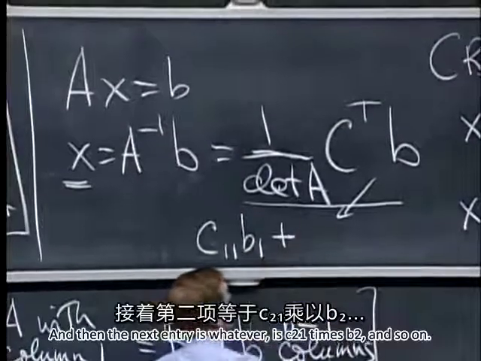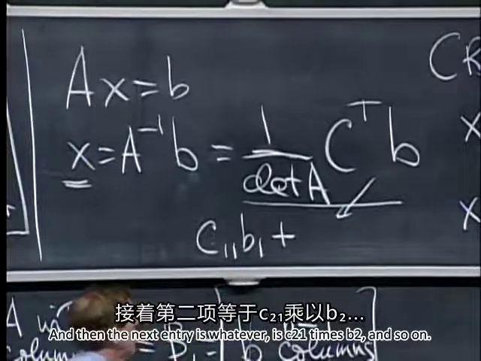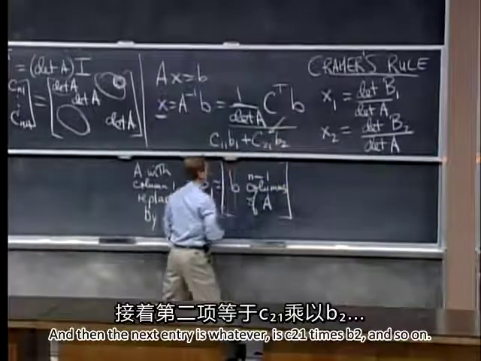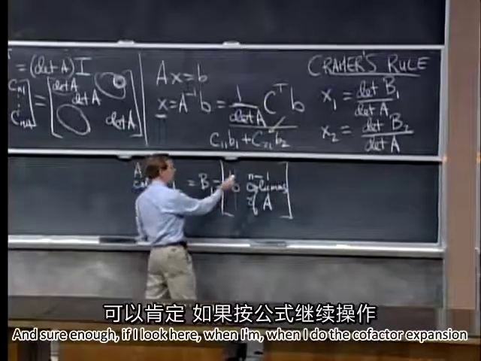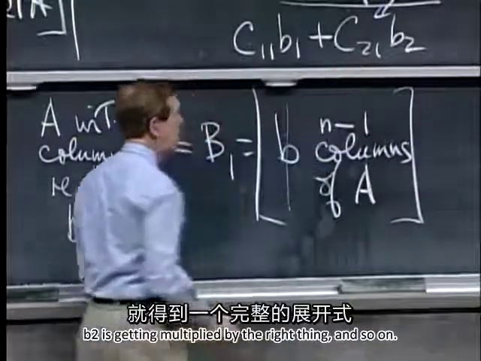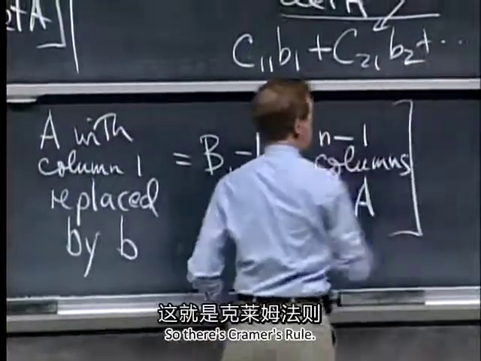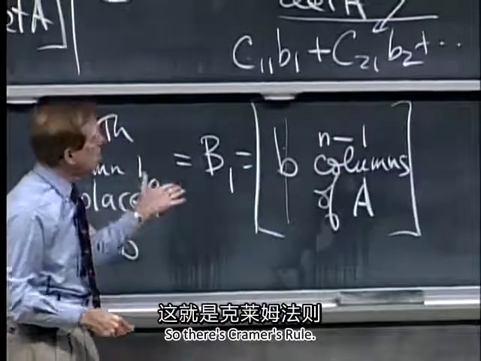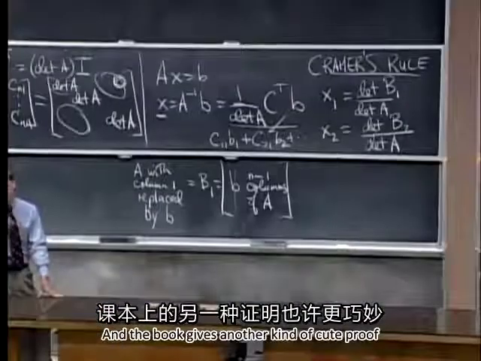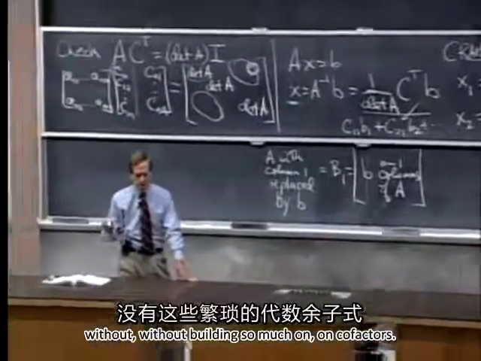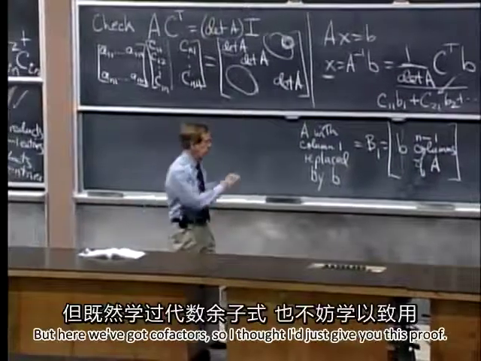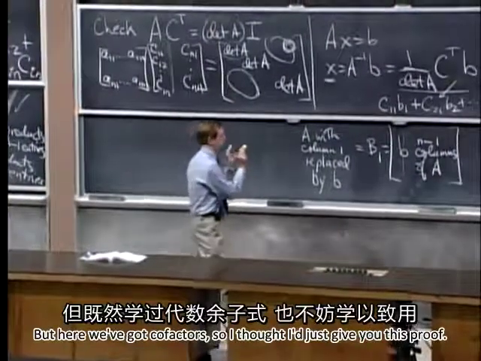And then the next entry is C21 times B2, and so on. And sure enough, if I look here, when I do the cofactor expansion, B2 is getting multiplied by the right thing, and so on. So there's Cramer's rule. And the book gives another kind of cute proof without building so much on cofactors. But here we've got cofactors, so I thought I'd just give you this proof.